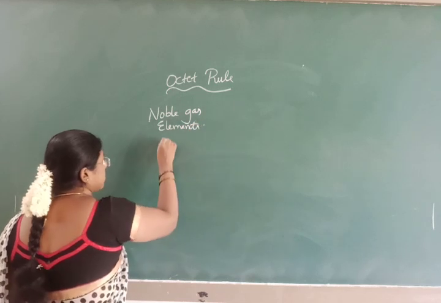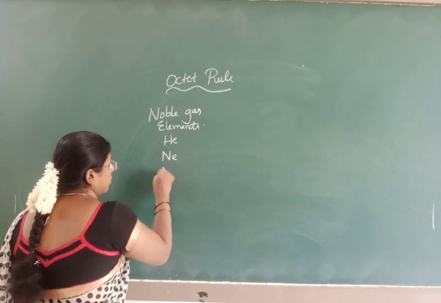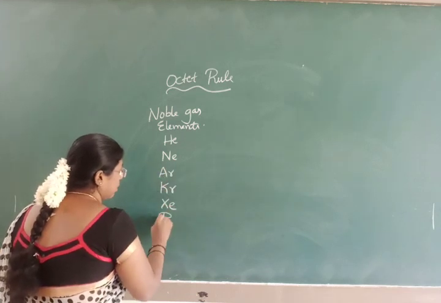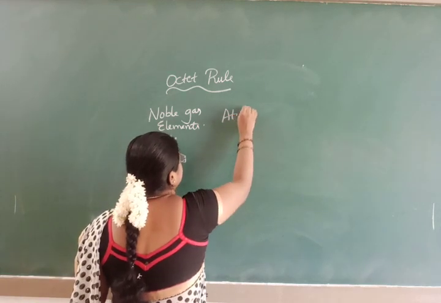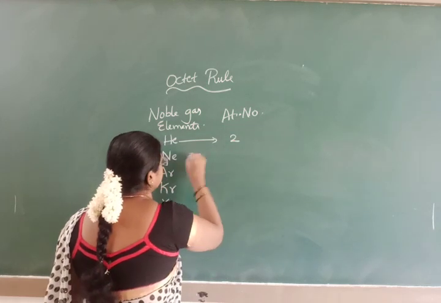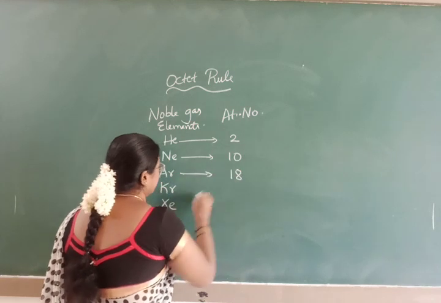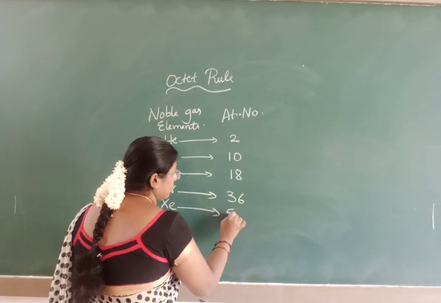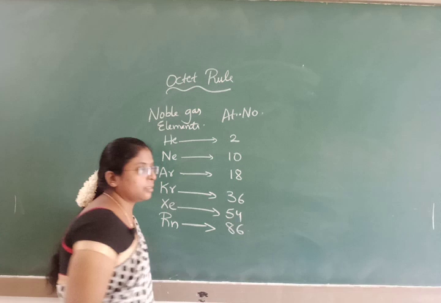Noble gas elements are helium, neon, argon, krypton, xenon and radon. Atomic numbers: helium is 2, neon 10, argon 18, krypton 36, xenon 54 and radon 86.